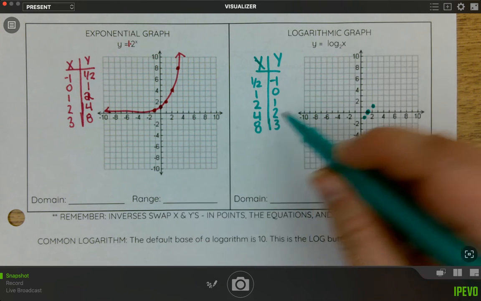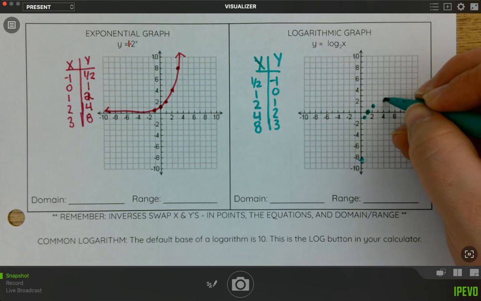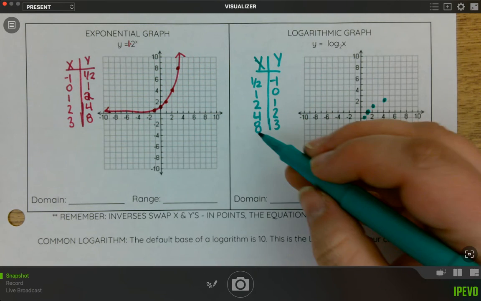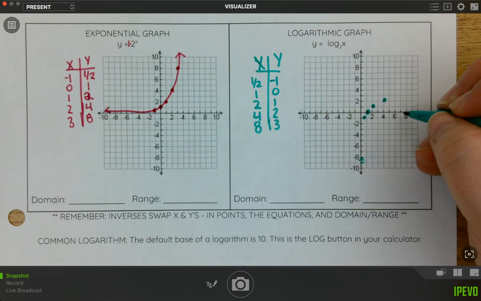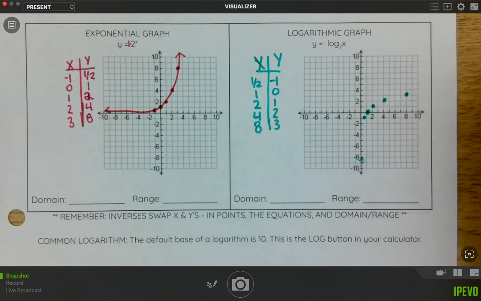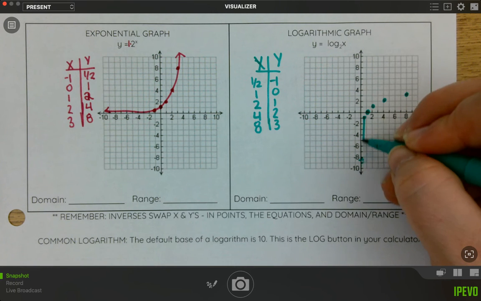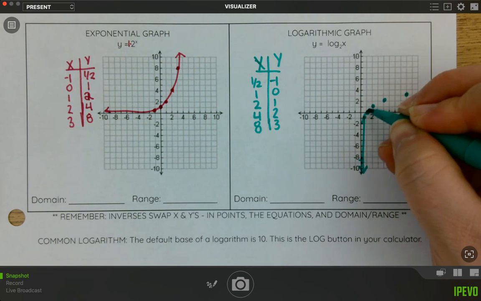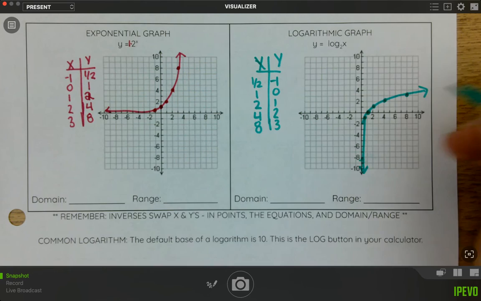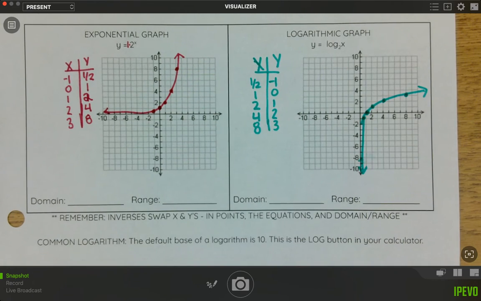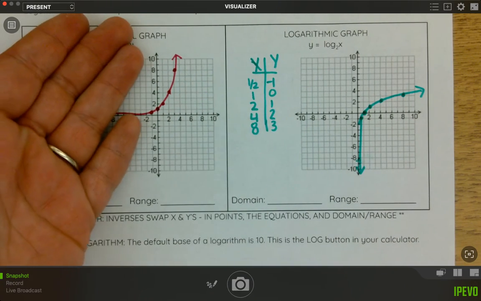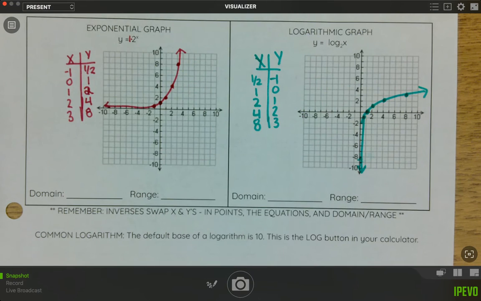Over 4, up 2. And over 8, up 3. Like that. So this kind of gets flipped to this.